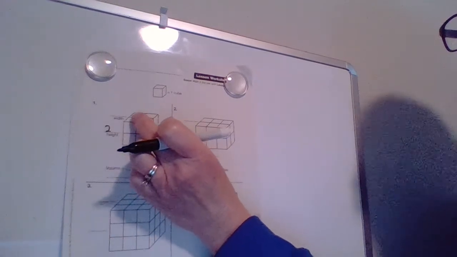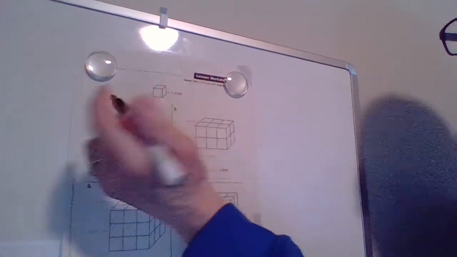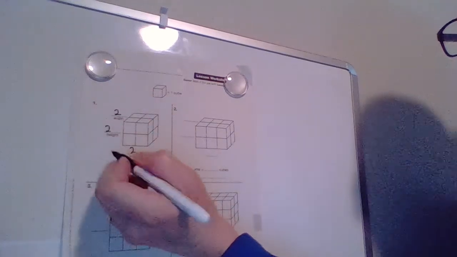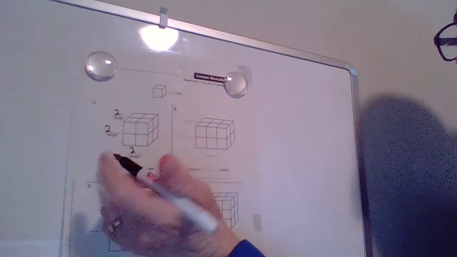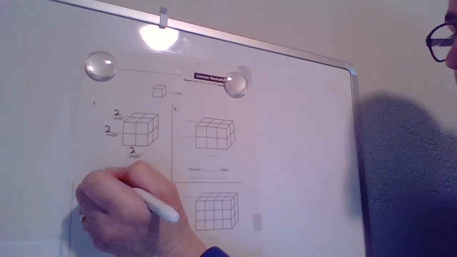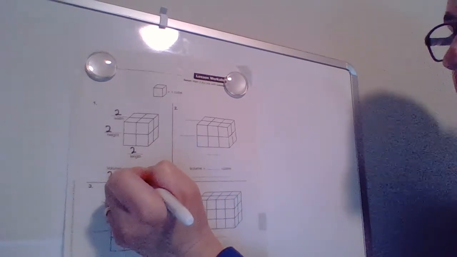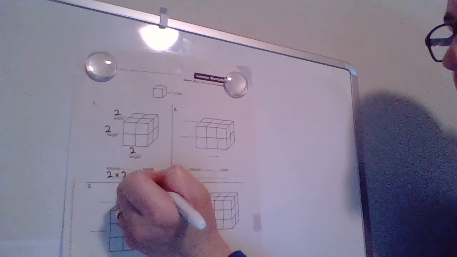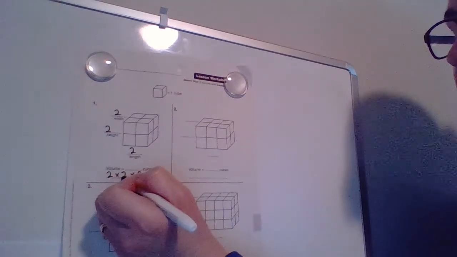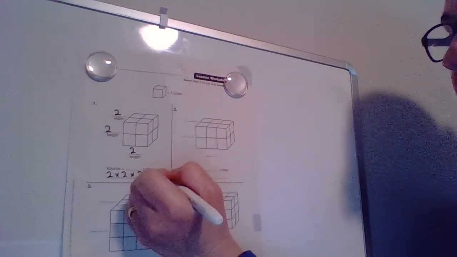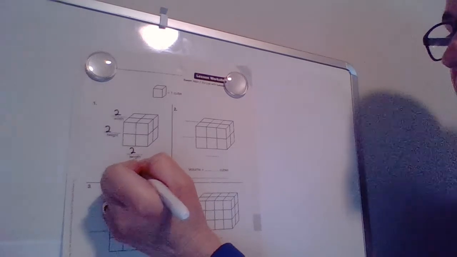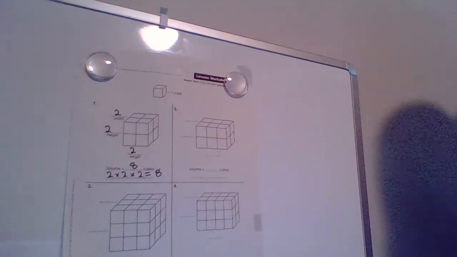And the width is 1, 2. 2 cubes long. So if we were to multiply 2 times 2 times 2, 2 times 2 is 4, times 2 is 8. And we know the volume now is 8 cubes.